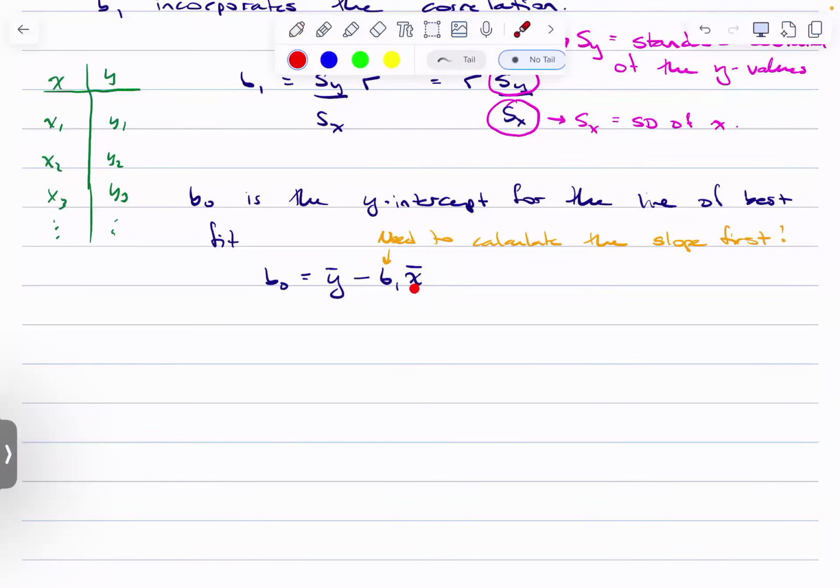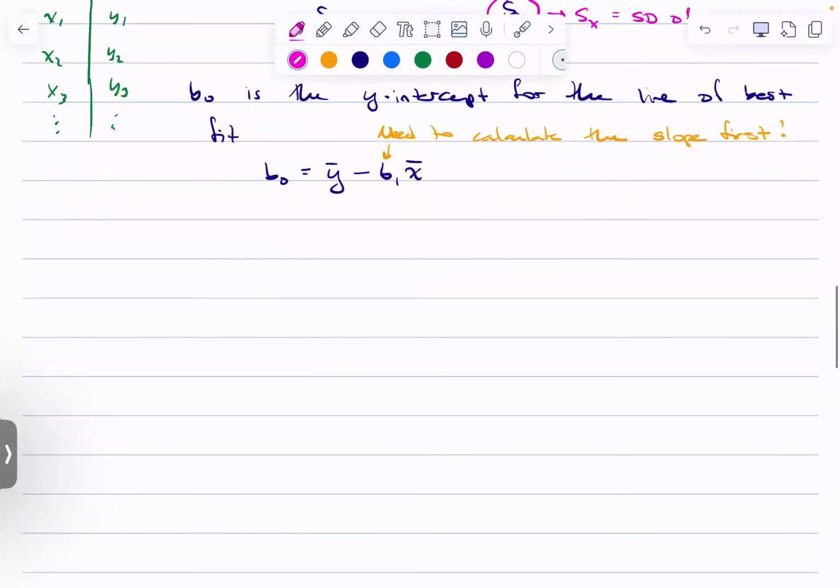One of the fun facts is that the line of best fit always goes through the point X bar, Y bar. How about this? An LFF, a little fun fact.